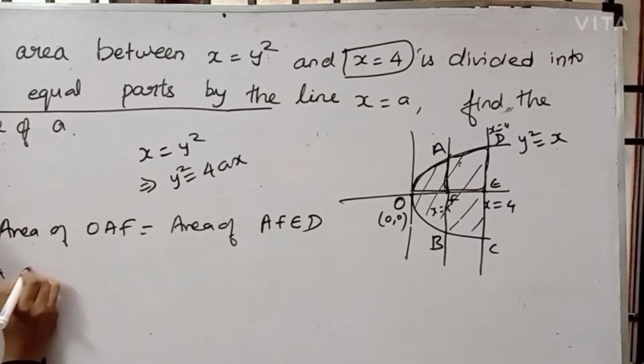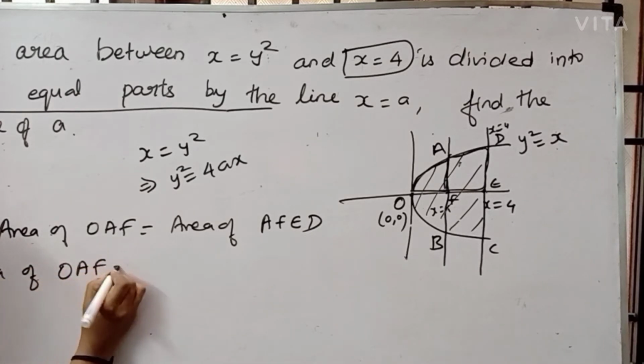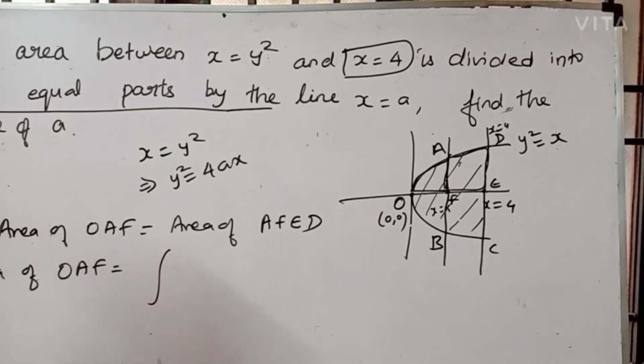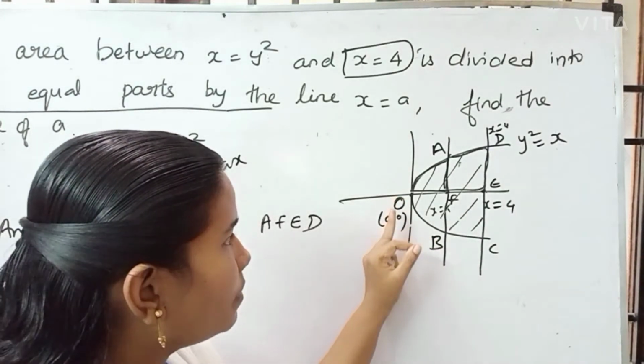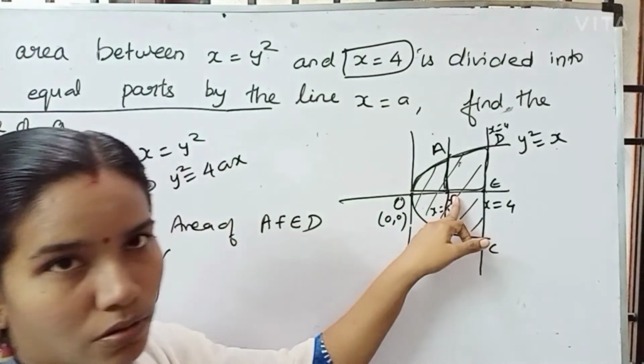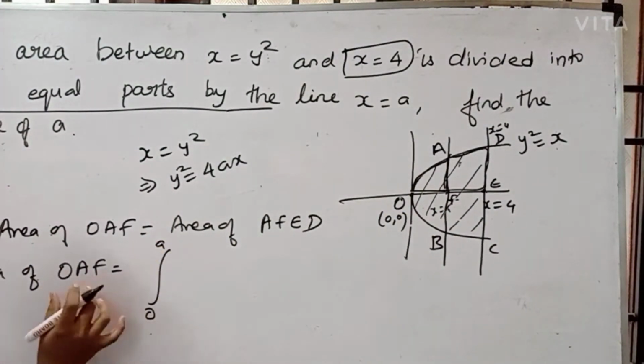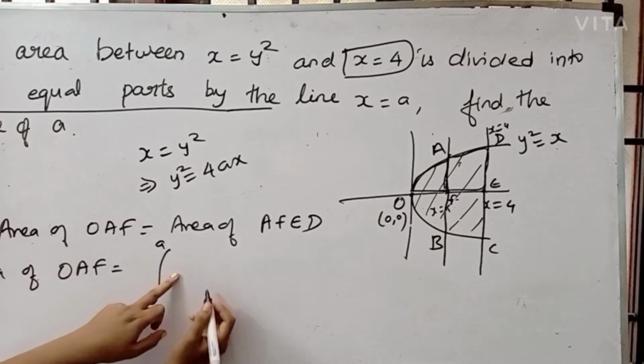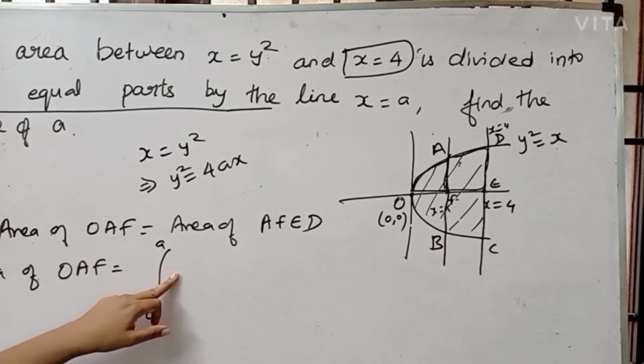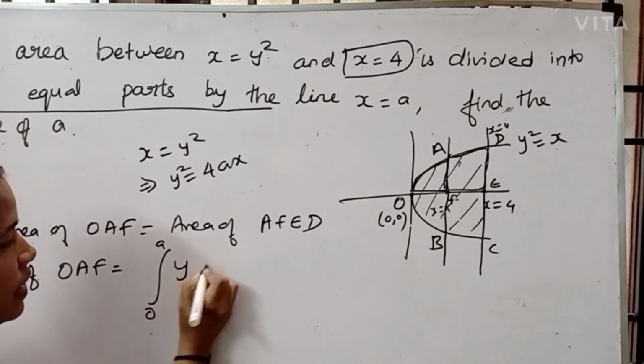Now consider the area of OAF. So area of OAF is equal to the integral. What will be the limit? The limit is from 0 to a. OAF is nothing but y dx. So what is y?